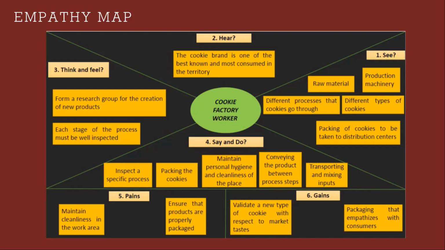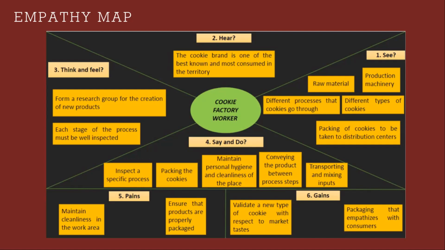As you can see here, one of the things he sees is that he has raw material and a lot of new product machinery. He has a lot of different types of cookies that he needs to deliver properly in their own packages and their own boxes.